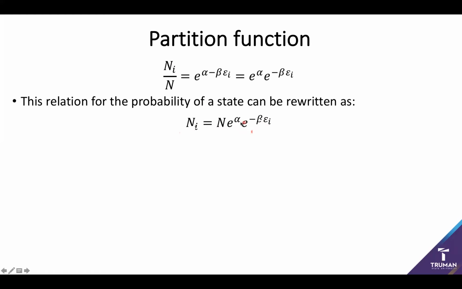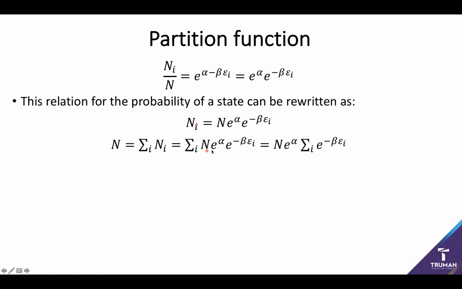However, now we need to find a way to essentially describe what my alpha and beta are and how they might be related. So one way we can do this is, again, by applying our constraints, because I know the total number of particles has to be equal to the sum of particles in any given state. So we can then input our previous expression for the number of particles in the state, again in terms of number of particles and the energy of the system.